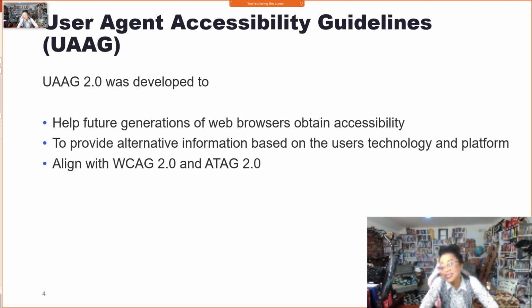W3C does not plan to advance UAAG 2.0 to recommendation status because it's done. We are planning to include user agent accessibility considerations in future accessibility guideline work, but it could be for UAAG or ATAG.